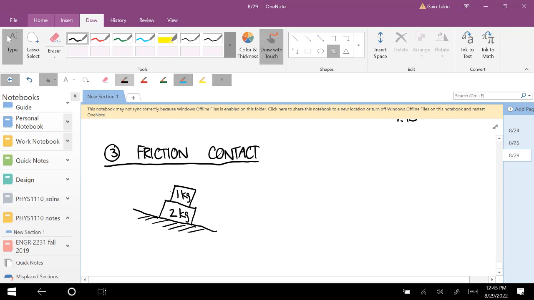And let's say that the only external force besides what's drawn is a 5 Newton force horizontally. And let's say that there's friction at these two contacts.